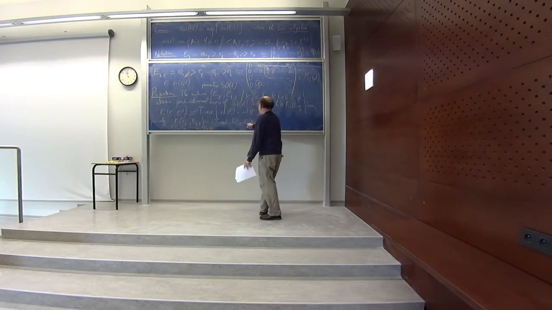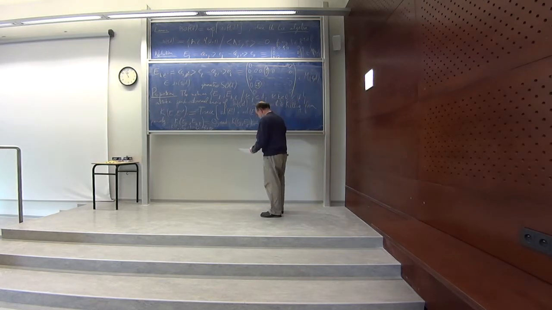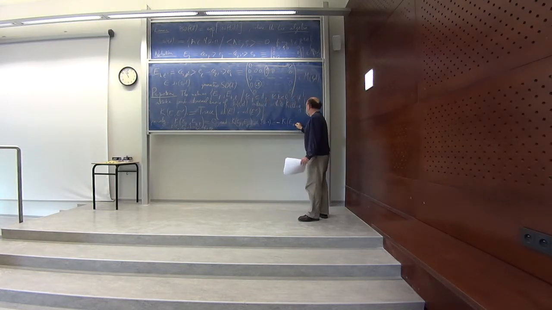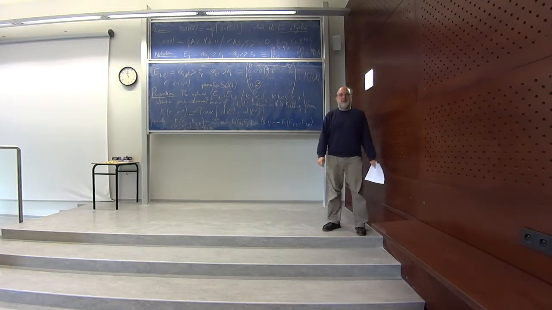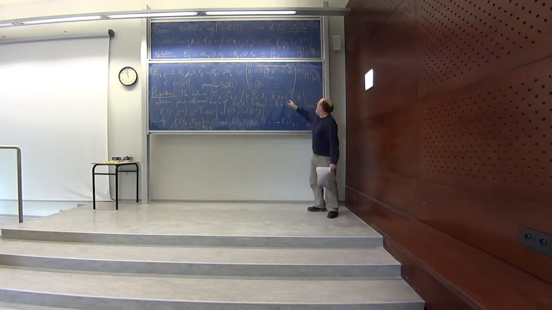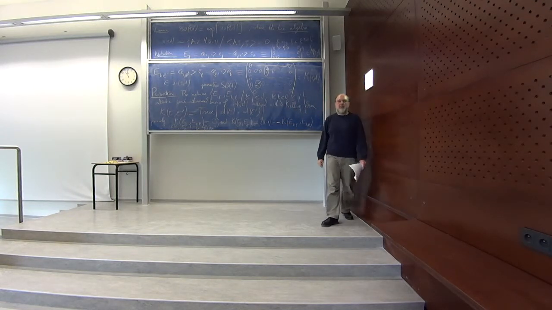And for the square it is 2 times (D minus 1), and exactly the opposite for the square of infinitesimal rotations. So you have the signature: D times plus and D(D minus 1)/2 minus signs.